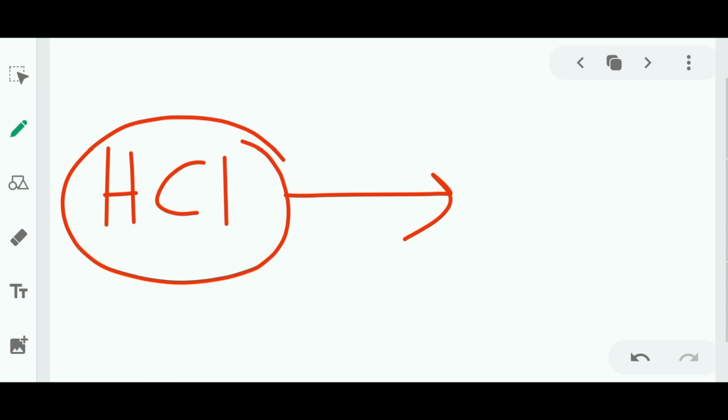Now we need to know about the chemical properties of different acids. Like in the case of H2SO4, what are the chemical properties of sulfuric acid?